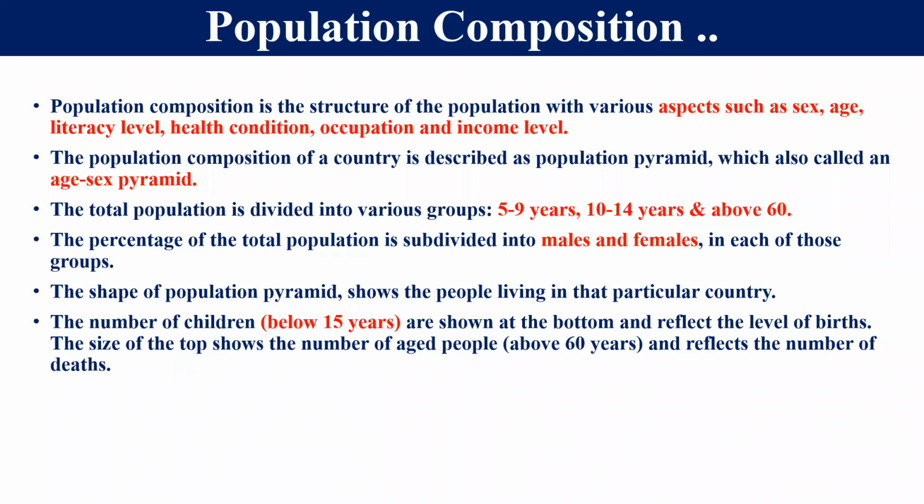If we think about the total population, we will classify it into different groups. There is a mistake in this line. We have three different groups: 0 to 14 years, 15 to 59 years, and above 60.